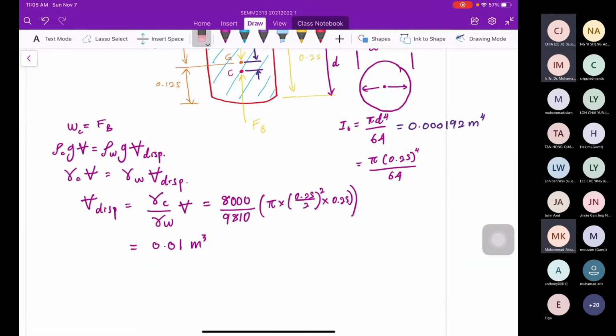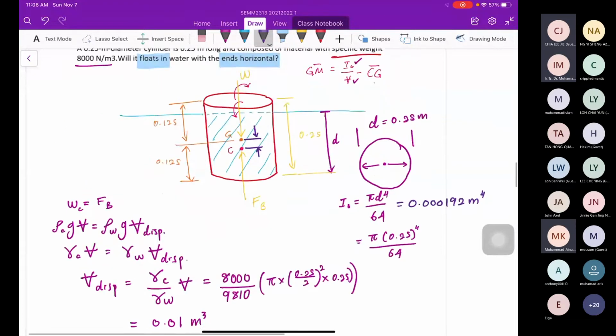By referring to the displaced volume, we know that the depth is equal to displaced volume divided with the area.